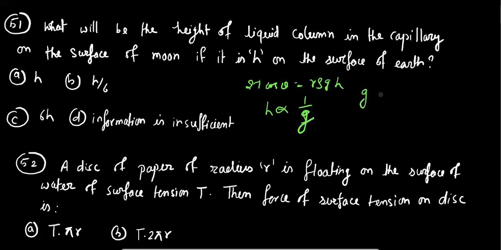And also we know that gravity on the moon is 1 by 6th part of the gravity on the earth. So from this discussion we can say that as gravity is 1/6 part of the gravity on earth, height will be 6 times more as compared to the height of the liquid in a capillary tube on the surface of the earth. Okay, so option C is the correct option.